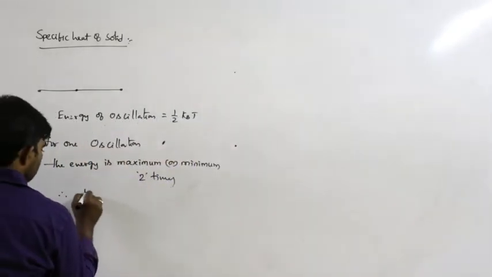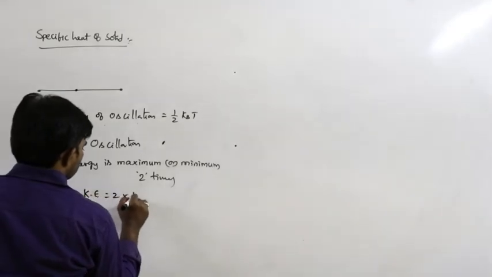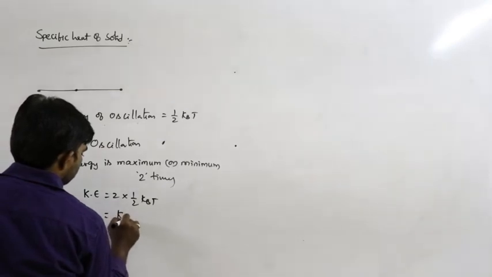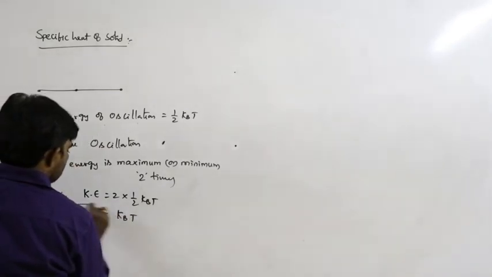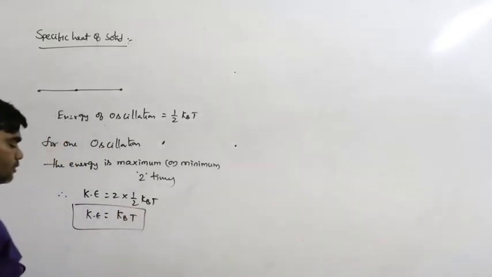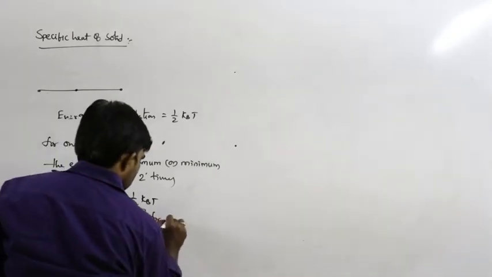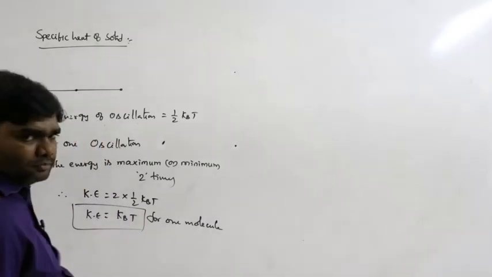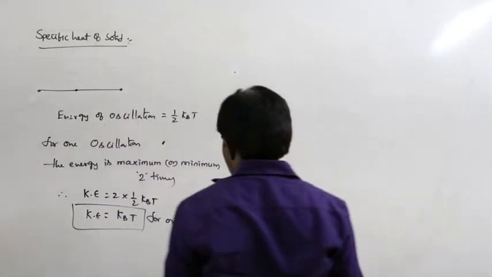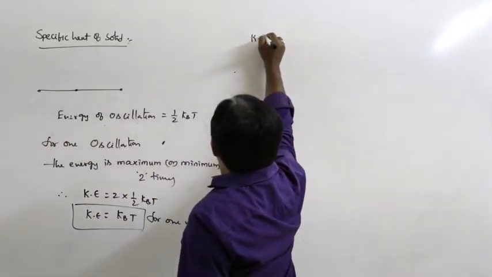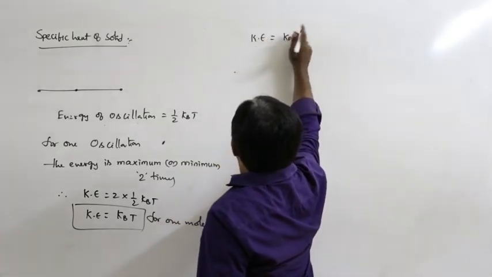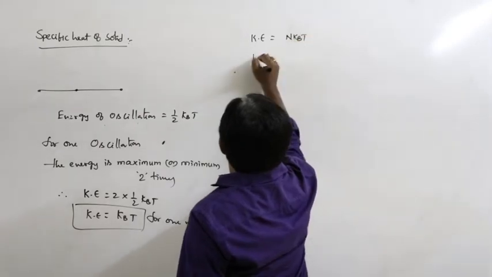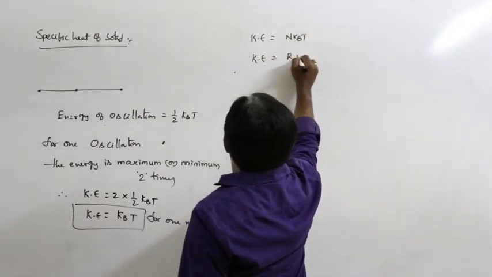Therefore, kinetic energy can be written as 2 into half kBT, so that is kBT. This is for one molecule. For n molecules, KE can be written as n kBT, so KE is equal to RT.